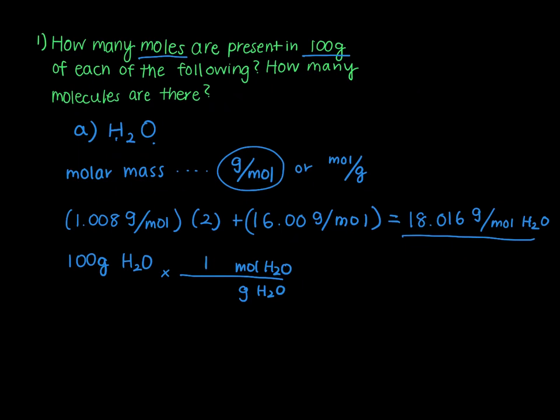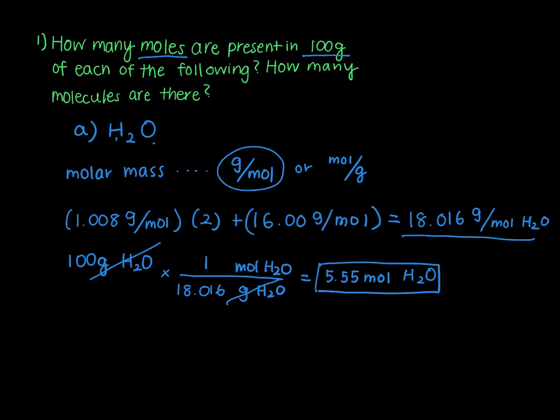So we have 1 mole of water and then 18.016 grams on the bottom. Notice when you set this up, you can actually cancel out grams and grams, and you're left with moles on top, which is what we want. So when you do this math, you get 5.55 moles of water, and that is your answer for the first part of this question.